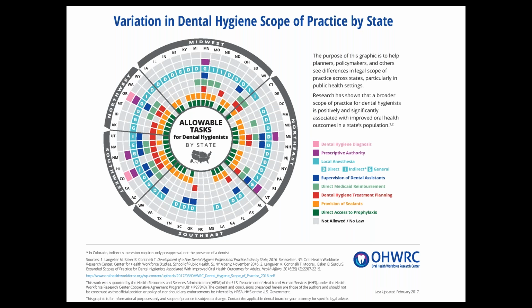So I will tell you from past work that we've done, first you have to build a case about what the problem is. And so some of it is about who are the populations that can't get care. And then the next step is to point to strategies that have worked elsewhere that could actually improve access to care.